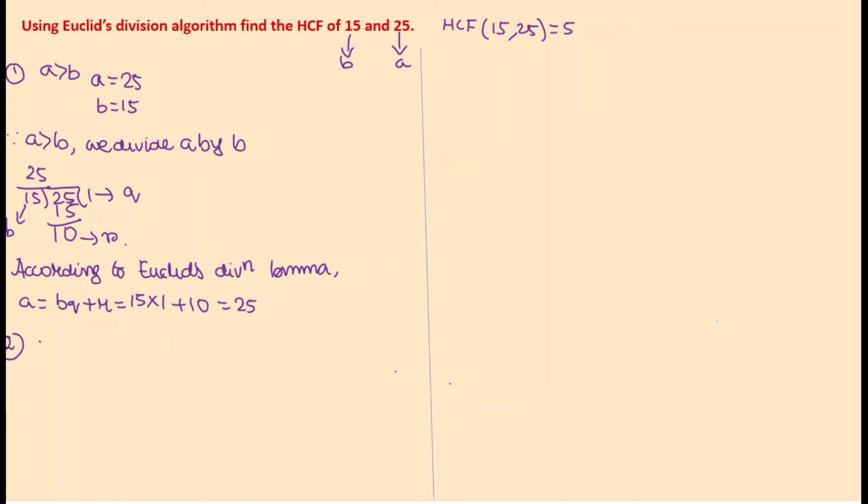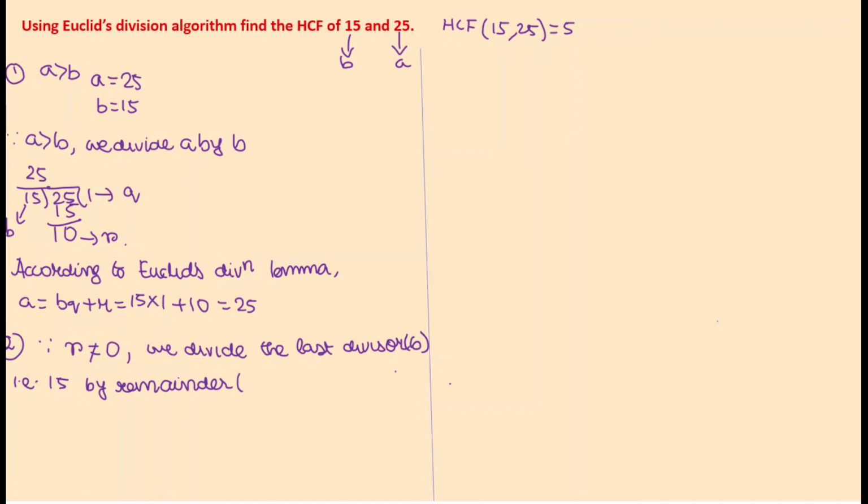In the next step, since the remainder R, which you are getting as 10, is not equal to 0, we divide the last divisor B, that is 15, by the remainder R, that is 10.